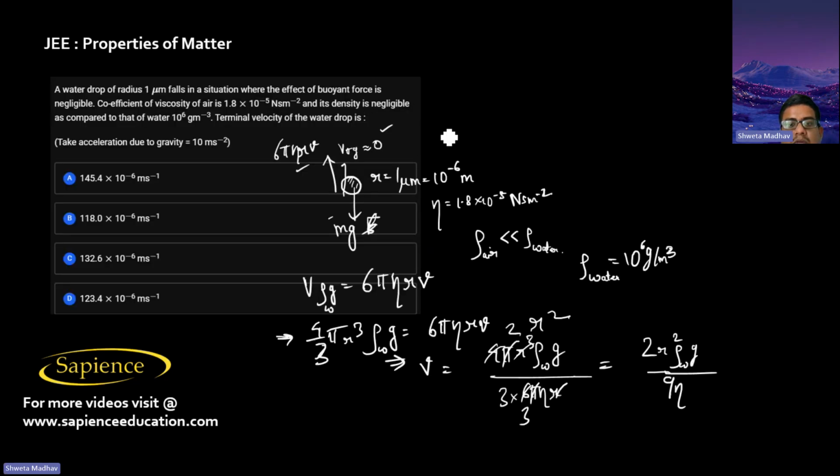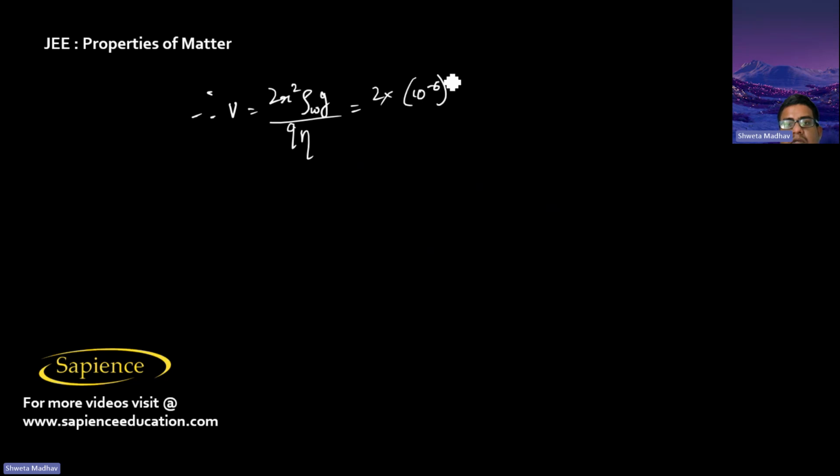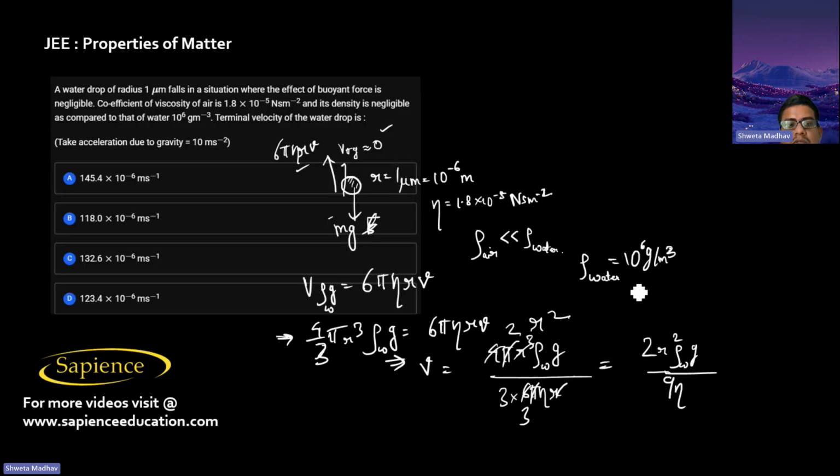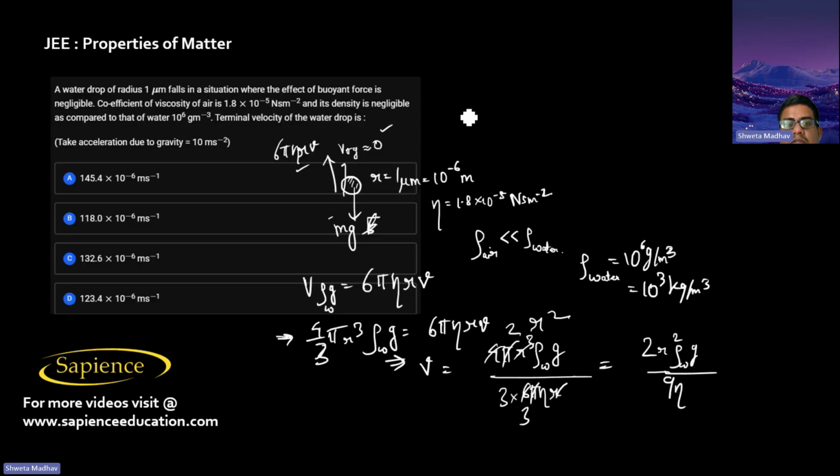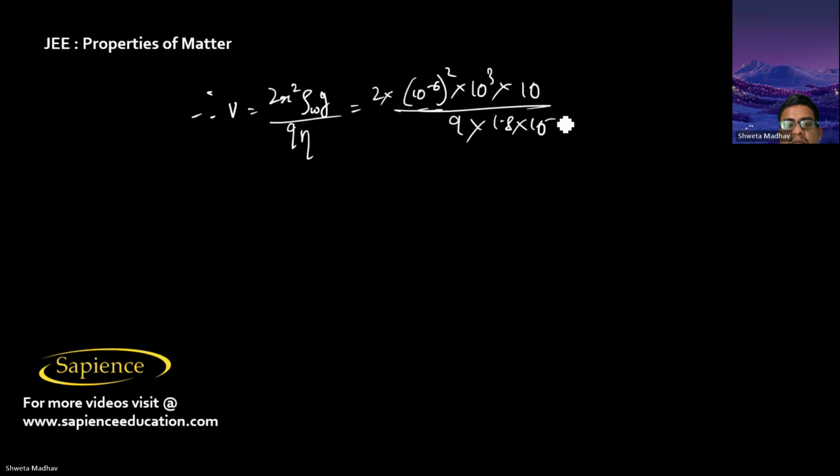So therefore the terminal velocity is 2 r square rho w into g by 9 eta. Here r is 1 micrometer, means 10 power minus 6 whole square, into density, that is 10 power 3 kg per meter cube, into g, that is 10, divided by 9 into eta. Eta is 1.8 into 10 power minus 5.